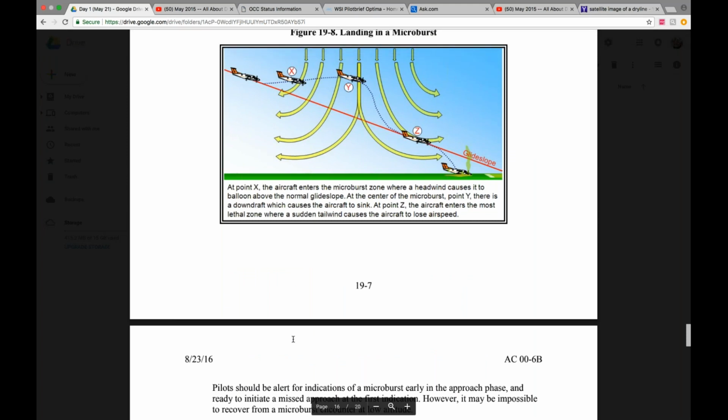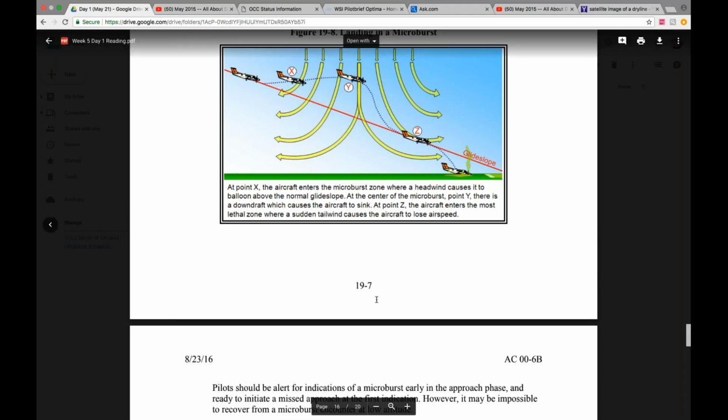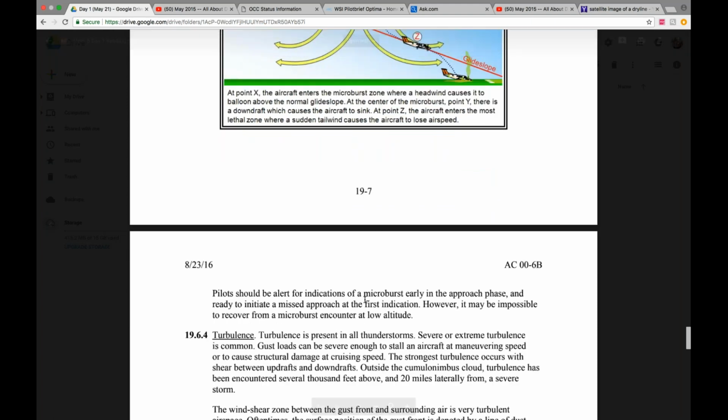In that dissipation stage, it's just a rapid, the clouds just disappearing, right? So it's just strong downdrafts that are going to create these microbursts. It's going to create that strong hailstorm, heavy rains, and so on.